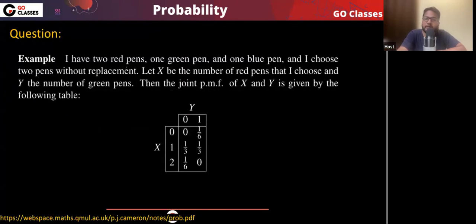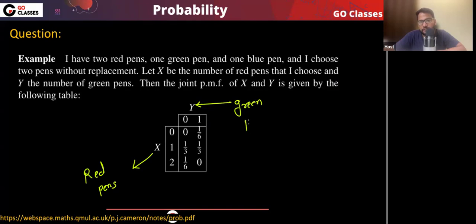Suppose I have two red pens, one green pen and one blue pen. I choose two pens without replacement. Let X be the number of red pens that I choose, and Y be the number of green pens. Then the joint PMF of X and Y is given like this.